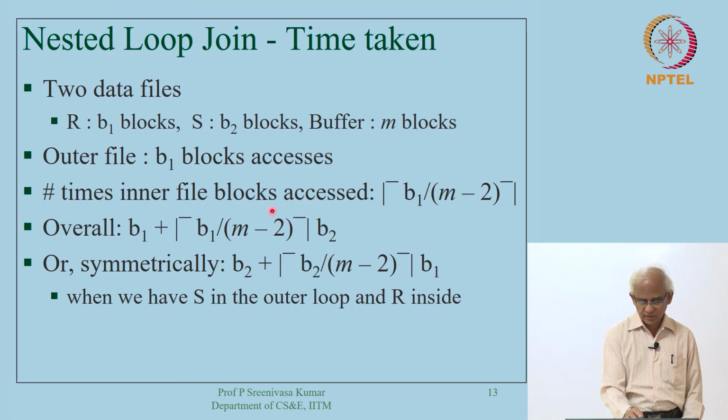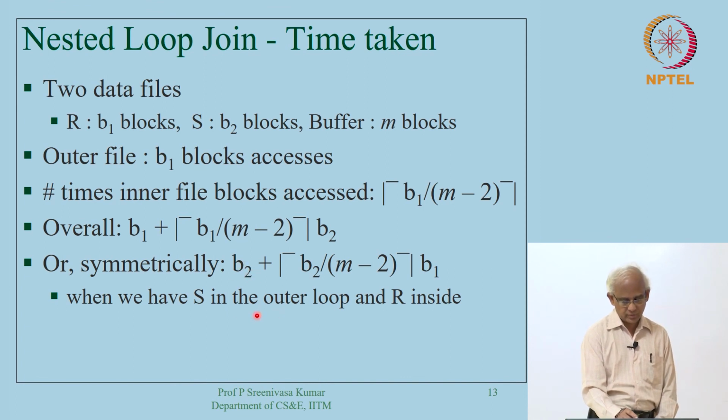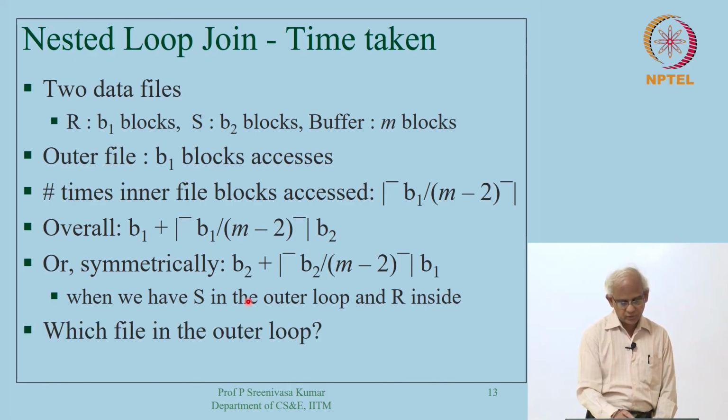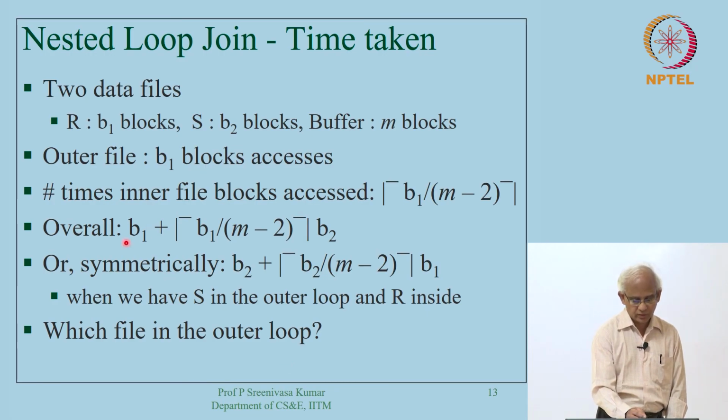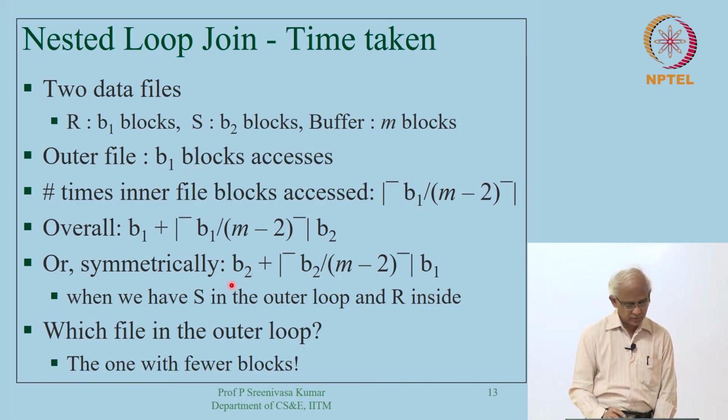You can see that the second term is roughly equal to B1 times B2 divided by M minus 2 in both expressions, and it is this B1 or B2 that differentiates the times. So, which file to keep in the outer loop? Basically the one that has the smaller number of blocks. If we keep it in the outer loop, that will be the additive value here, and so you get better access.